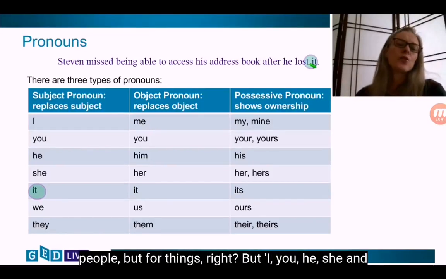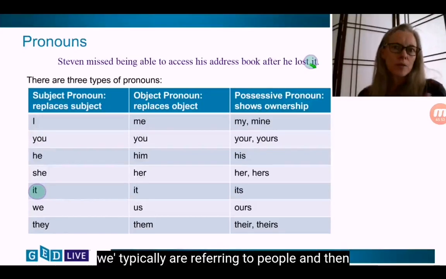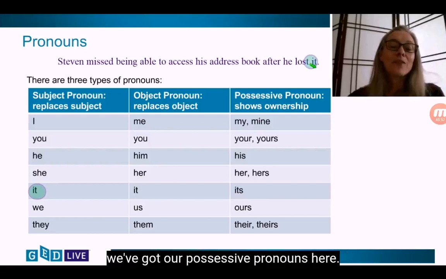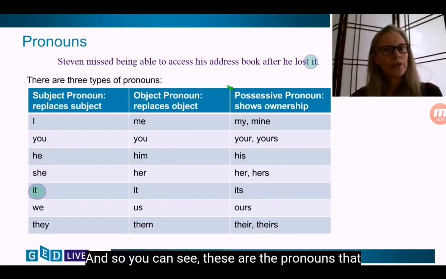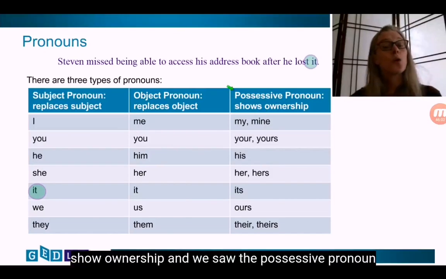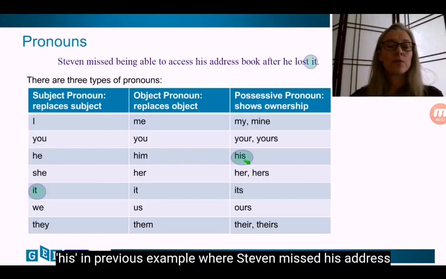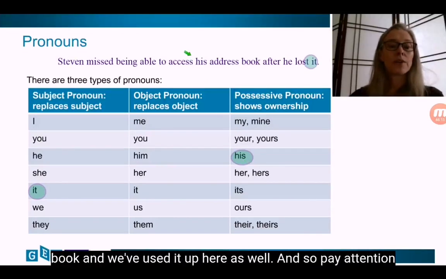But I, you, he, she, and we typically are referring to people, right? And then we've got our possessive pronouns here. These are the pronouns that show ownership, and we saw the possessive pronoun his in the previous example where Stephen missed his address book, and we've used it up here as well, right?